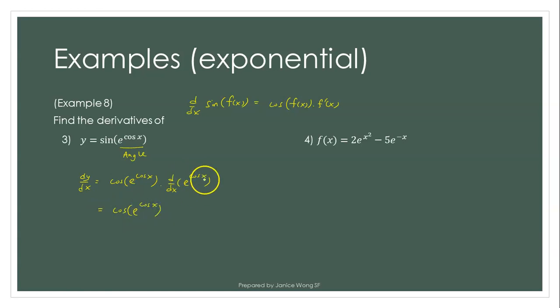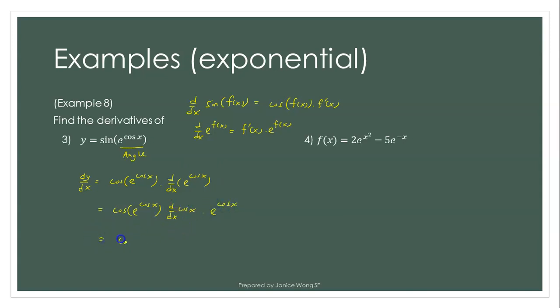Now, to differentiate e to the power of cos x, recall the rule, differentiate e to the power of f(x), what do you get? You get f prime x times e to the power of f(x). So we need to differentiate the power, which is cos x here, times the same e term, e to the power of cos x.